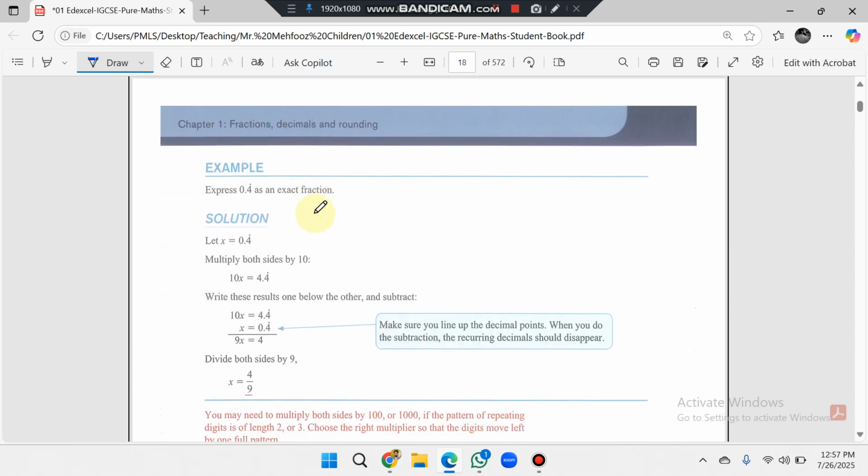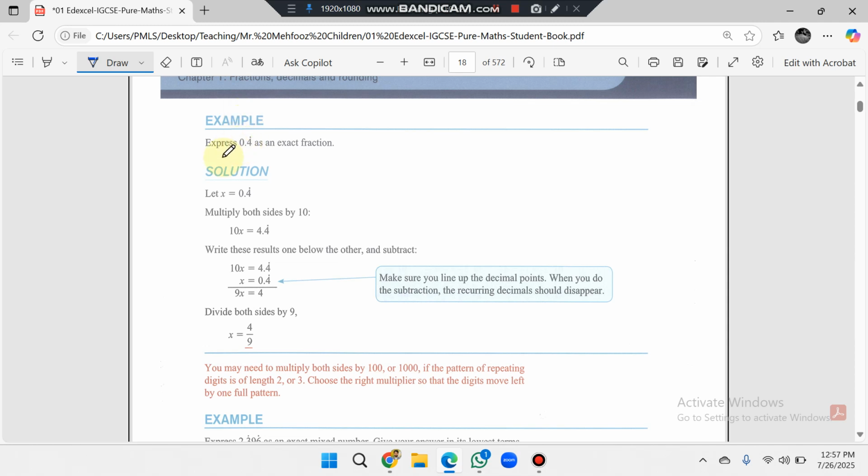Again, the next example is we have to express 0.4 recurring as an exact fraction. The dot means that this 4 is a recurring decimal, right? So we let x equal 0.4 recurring. Then you can see that on the right side of the decimal we have a single digit that is repeating.